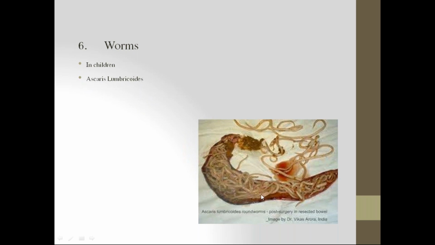This is a segment of bowel resected with these roundworms. After they die because of the pharmacological therapy, these worms form a mass in the small bowel and gradually it leads to obstruction.